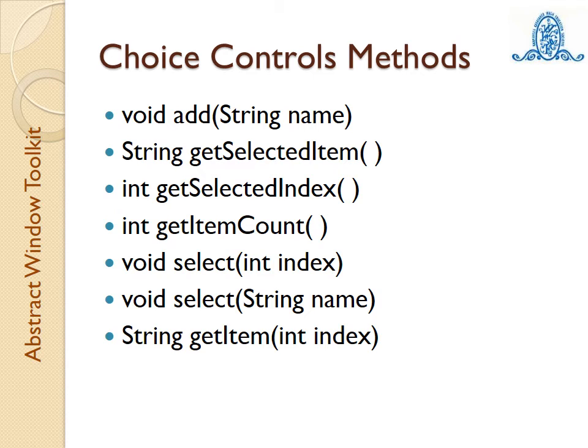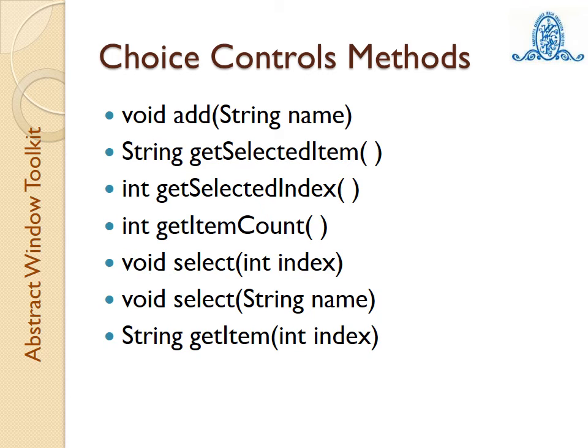For adding items in a choice we use void add(String name). The item which we want to add in a choice will be specified by using this name parameter. Then String getSelectedItem returns the label or the name of the selected item. getSelectedIndex returns the index of the selected item.